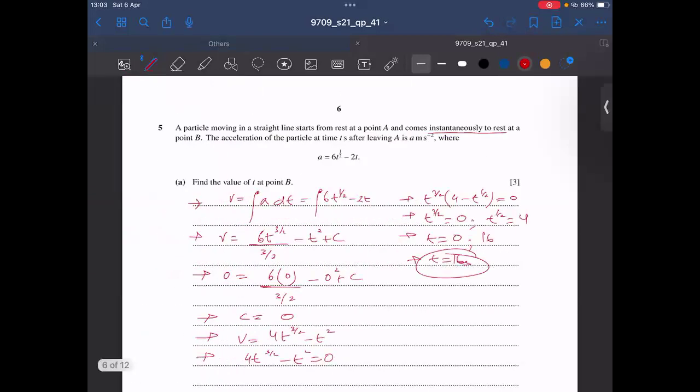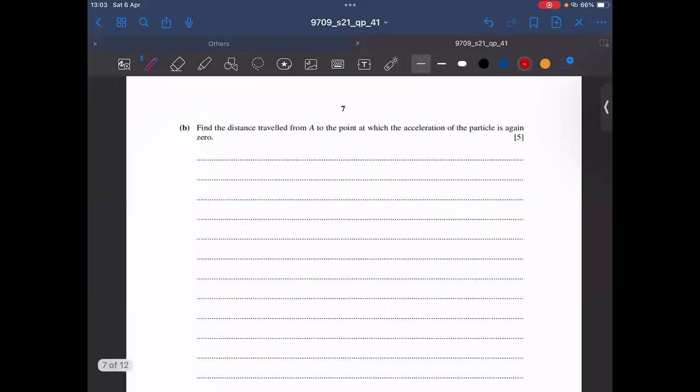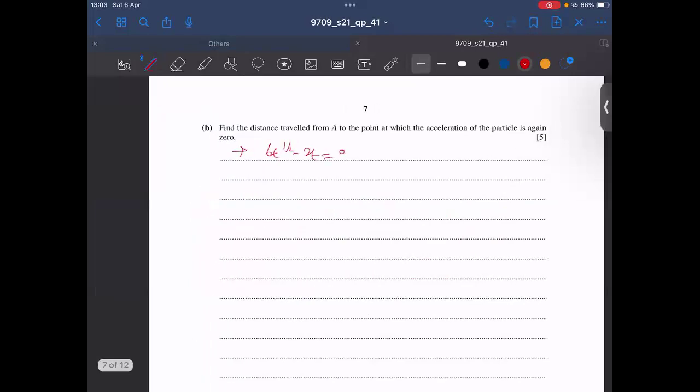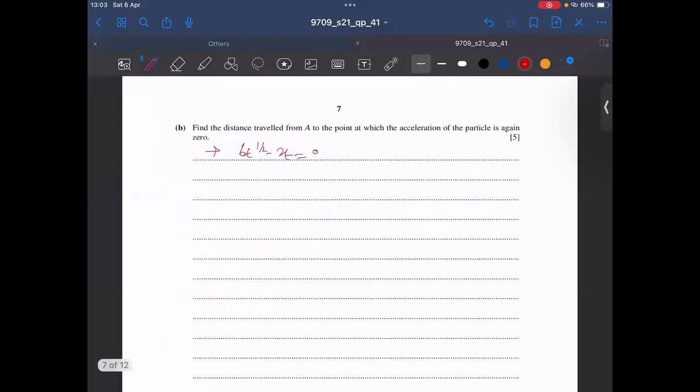So let us first find out when the acceleration is coming out to be 0, at what times the acceleration is 0. So we're just going to keep acceleration equal to 0. 6t to the power of half minus 2t equals 0. So now we're going to have t to the power of half and 3 minus t to the power of half equals 0.